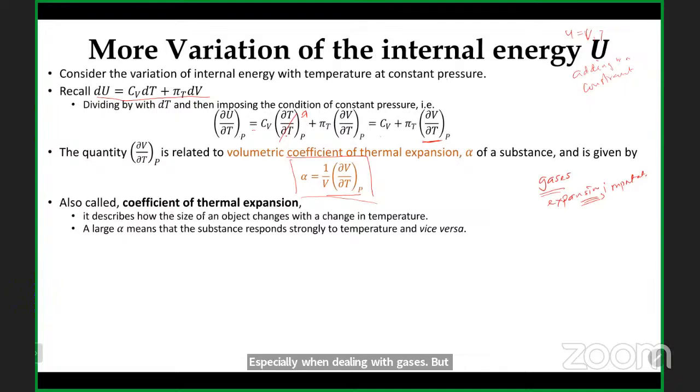It describes how the size of an object changes with temperature. Solids and liquids expand slightly. So people in construction need to consider this expansion.